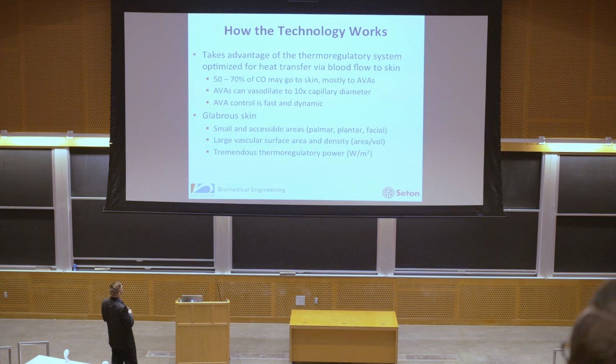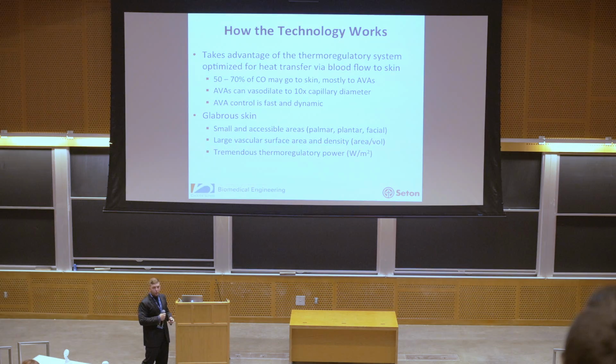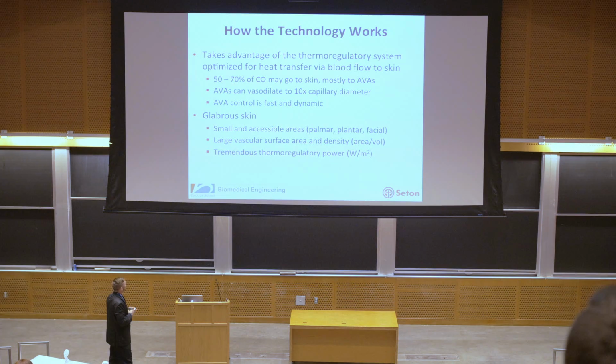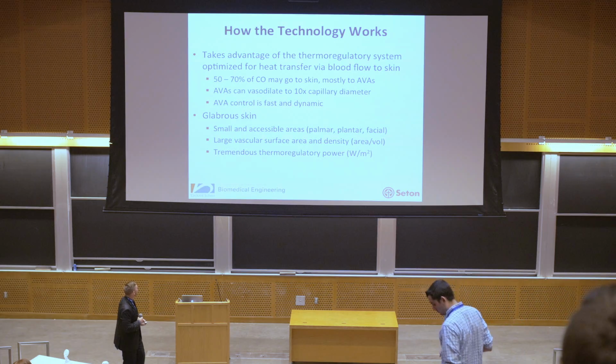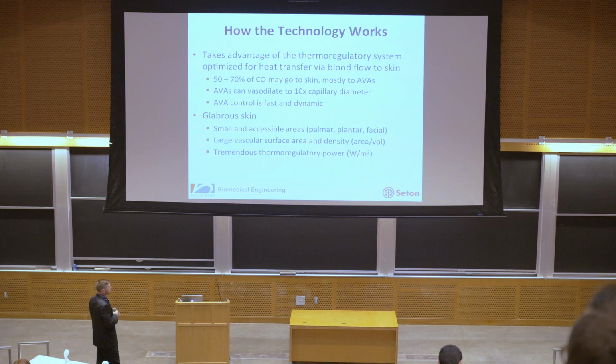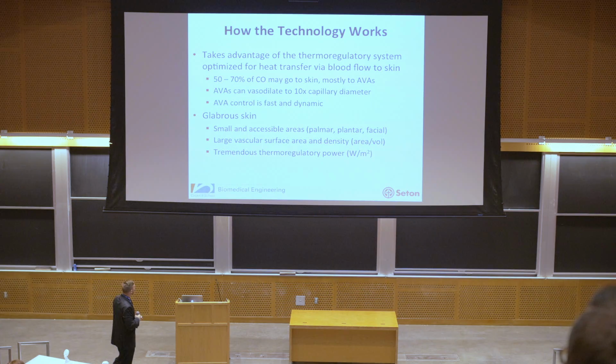So with this, you can get 50 to 70% of total cardiac output to these AVA areas, mostly. You can vasodilate 10 times capillary diameter. You can control it very fast and dynamically. It's very accessible. Your hands and feet and face, pretty accessible. There's very large surface area and density and very tremendous thermoregulatory power.